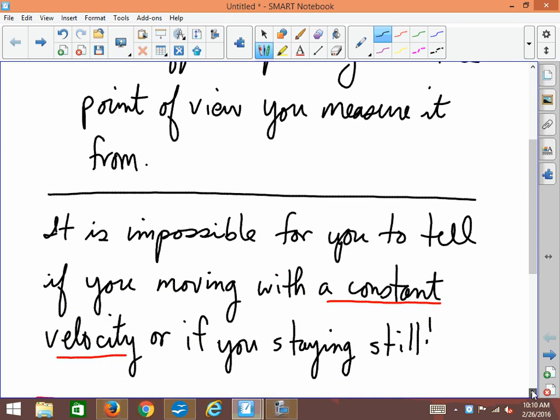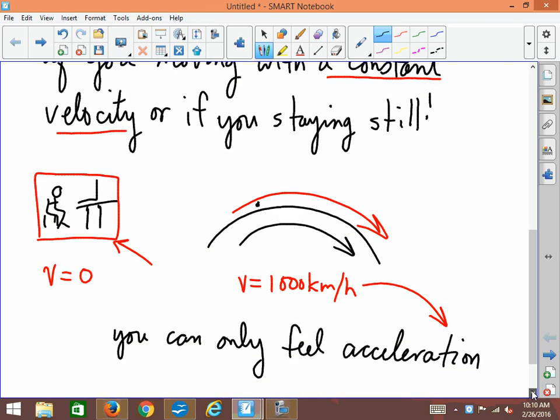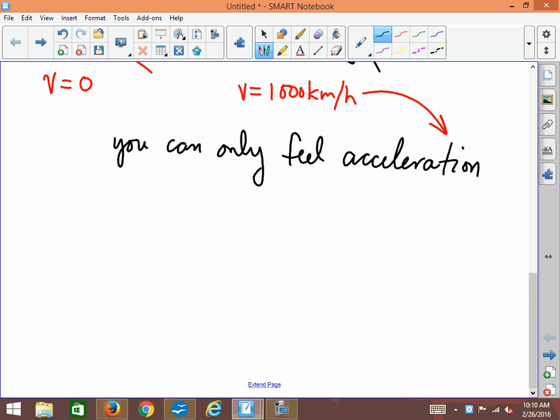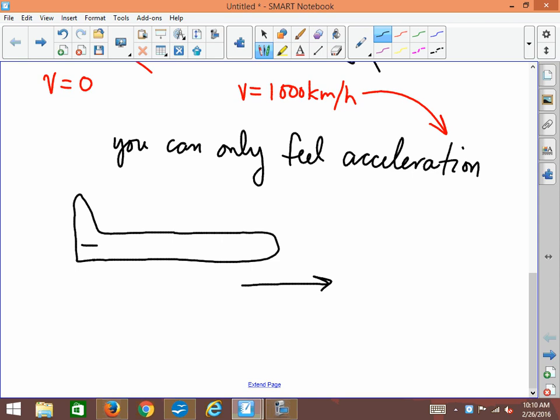If you've ever been on an airplane, and the airplane might be cruising along, so let's put here's the inside of the airplane. All right, there it is. And we don't need the wings, but the airplane is cruising along at a nice, constant, smooth speed of, well, believe it or not, airplanes can go about 1,000 kilometers an hour, jet planes.